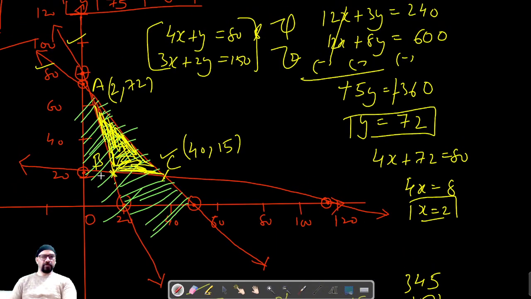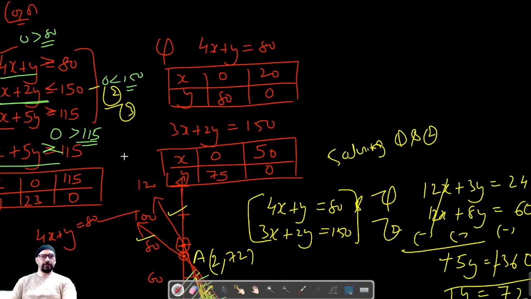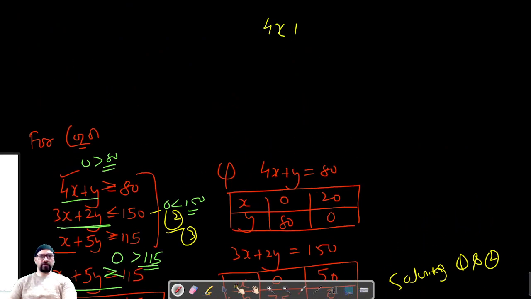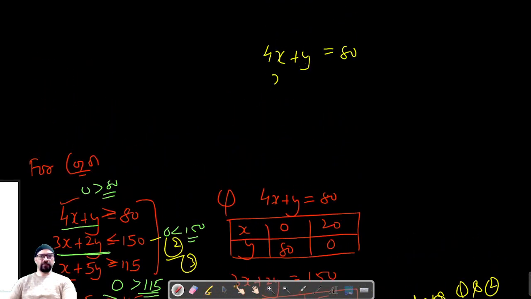So B is the point of intersection of the first and the third. So this is the point of intersection of 4x plus y is equal to 80, and the last one, that is x plus 5y is equal to 115.